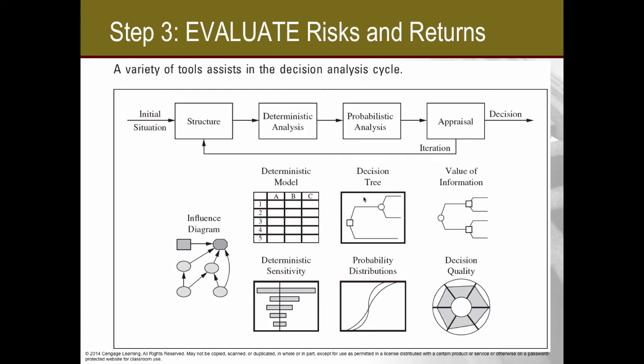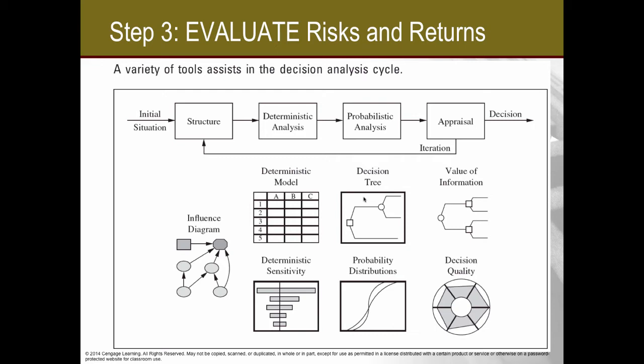So the decision analysis cycle starts with the structure, deterministic analysis, some sort of probabilistic analysis, appraisal, and then iteration goes to structure again, and eventually we make a decision when there is no other iteration. If there is an iteration, then you can go again, revise your structure, or whether the problem is deterministic or stochastic, and also do some appraisal and also make a final decision.